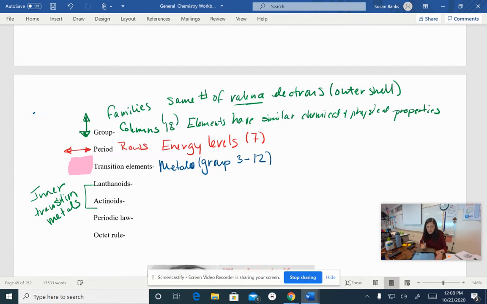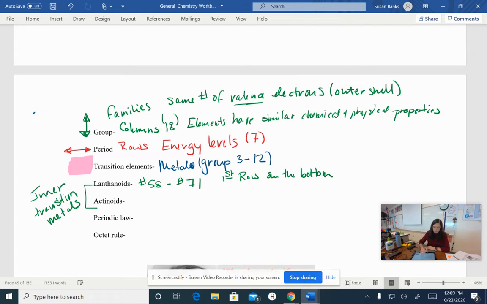Okay, so the lanthanoids are down here at the bottom of the periodic table. So the lanthanoids are numbers 58 to number 71. Okay, they're the first row on the bottom.